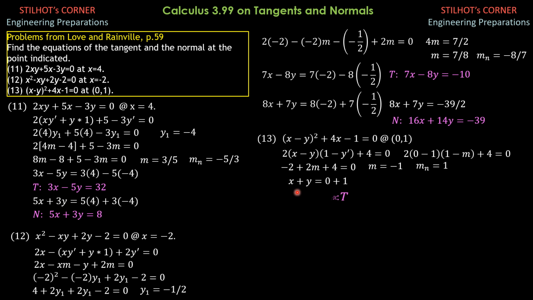So the tangent is x plus y equals 1. Then for the normal, x minus y equals x1 minus y1. x1 is 0, y1 is 1. So x minus y equals 0 minus 1. So the equation of the normal is x minus y equals negative 1.